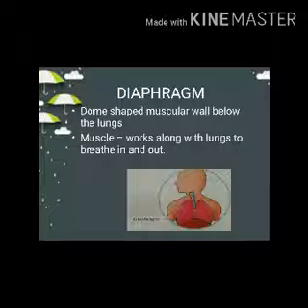With the help of this diaphragm only, the lungs are able to breathe. With the help of the diaphragm, the lungs take in oxygen and breathe out carbon dioxide. Without the diaphragm, we cannot breathe.